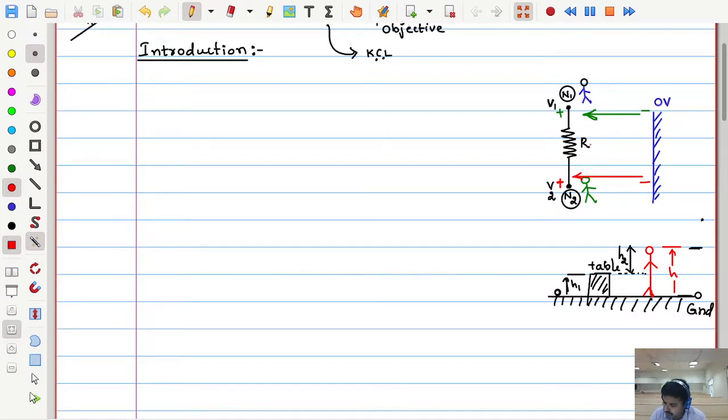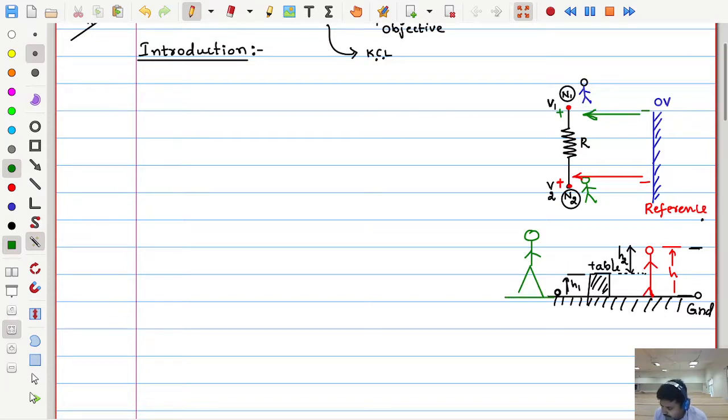Initially we observe these terminals' nature: what is the potential at each, that is the voltage. And how are we taking this V1? From a certain reference. This is the reference. Like in this case, I will consider that one more person is standing here, with this analogy.